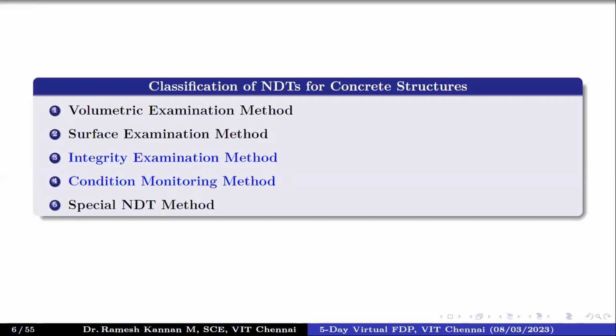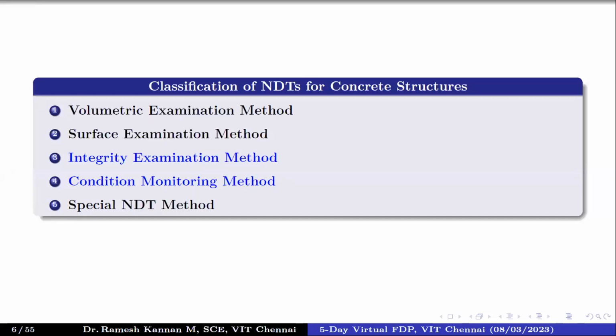Then surface examination: most of our ultrasonic pulse velocity methods, and in particular the rebound hammer, are surface examination methods, acting on the surface of a member or component. Then integrity examination, in terms of pin-jointed frames and other related mechanisms, where we try to understand the overall integrity.